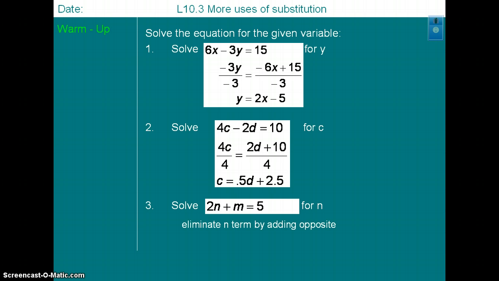And in solving for n in this last equation, hopefully you've come up with something that looks like this.